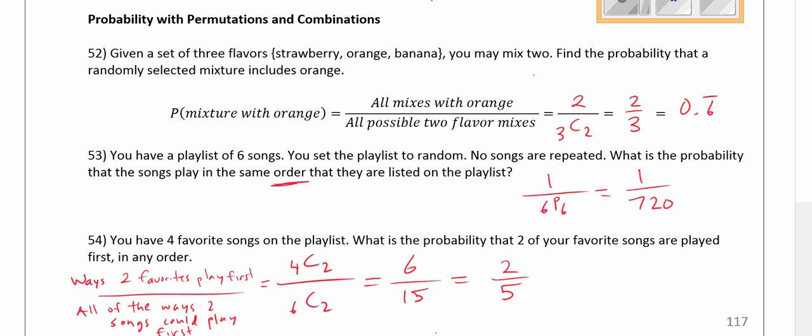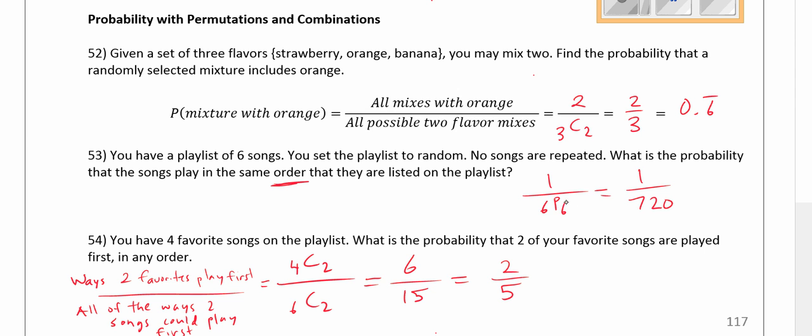Let's take a look at 53. You have a playlist of 6 songs, and you set the playlist to random, but this particular player doesn't repeat songs when it's on random. So what's the probability that the songs play in the same order that they're listed on the playlist? Song 1, 2, 3, 4, 5, 6. Well, you'll notice I put a 1 on top here because there's only one possible way that the songs could play in order from 1 to 6.